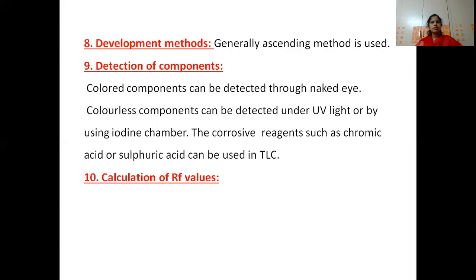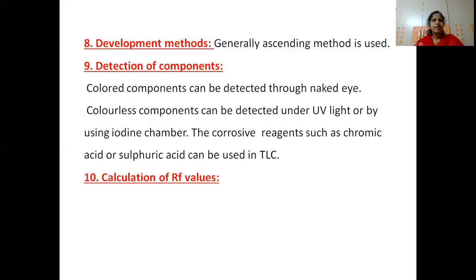These reagents are corrosive, but we can use them in TLC because the stationary phase is adsorbed on glass, so it won't affect the glass. Hence we can use chromic acid or sulfuric acid also. But we cannot use these reagents for paper chromatography because the paper will get damaged, as they are corrosive.